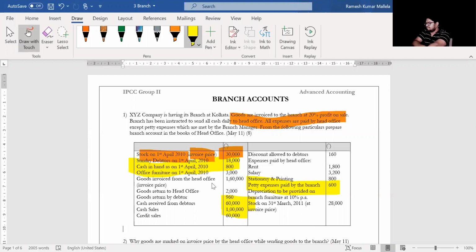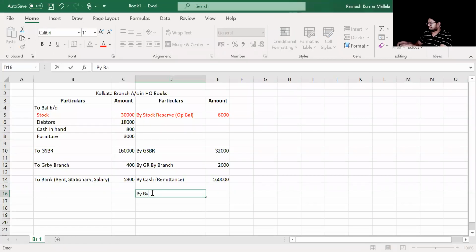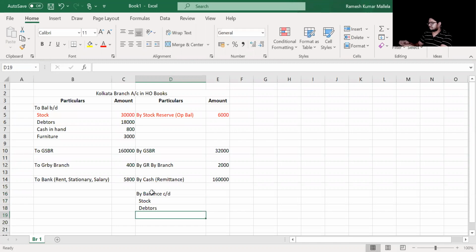Now I'm supposed to prepare details of closing balances by balance carried down. In this, what all do I have? Again, I have stock, I have debtors, I have cash in hand, and then I have furniture.